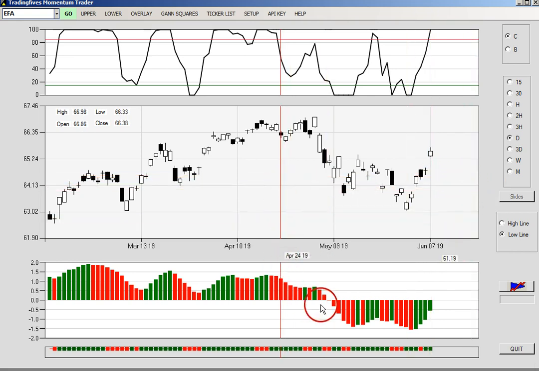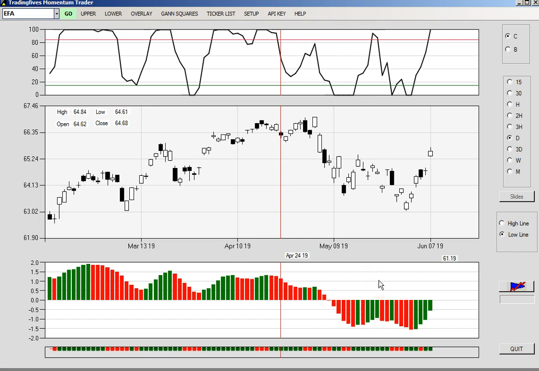So we've looked at condition 1, which is a crossing of the zero line by the histogram bars. We've looked at the saucer buys, where we look for a change in color above the zero line from red to green, and below the zero line from green to red, to generate the take or pass conditions.